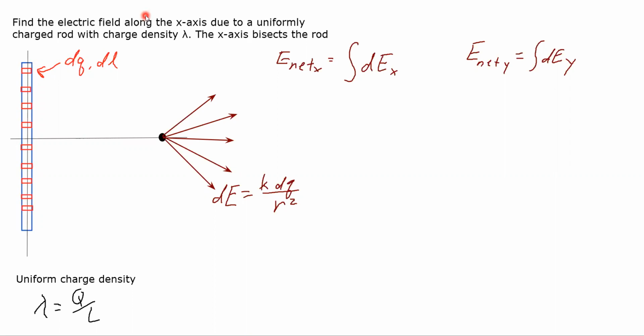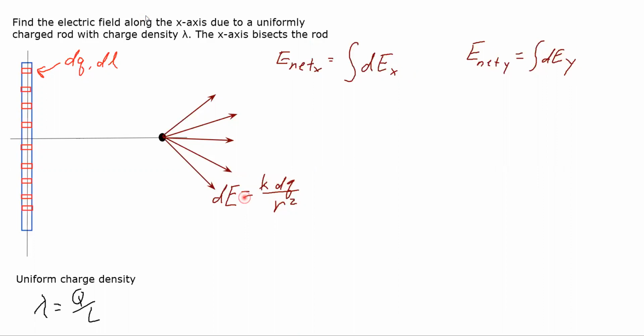We talked about splitting it up into electric field in the x direction and electric field in the y direction, and here's our expression for dE. Same equation as we saw earlier in chapter 22 and chapter 23: k dq over r squared, with dq instead of q.